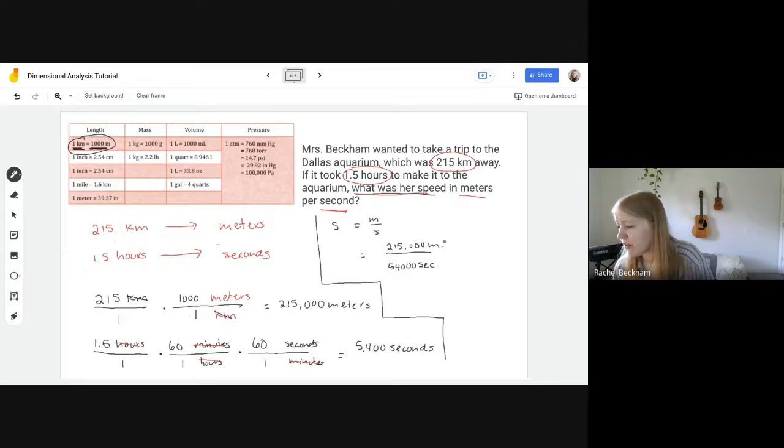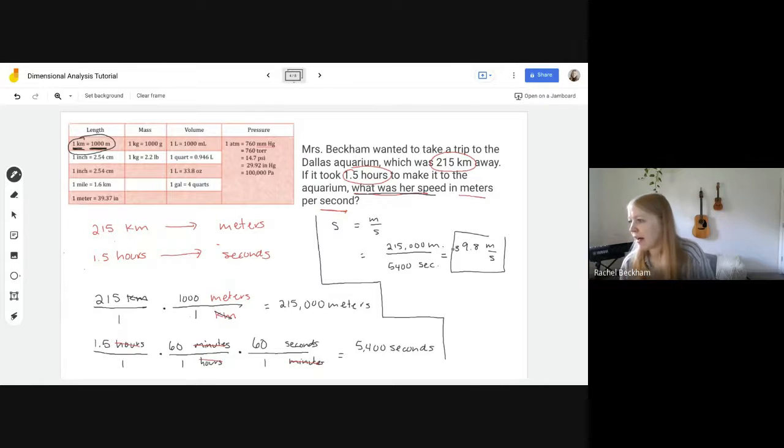I'm just abbreviating there. So we're going to do 215,000 divided by, ooh, I did an extra 0 there. Oops, so that should be 5,400 seconds, not 54,000. So divided by 5,400 seconds, and I am getting 39.8 meters per second as my answer there.